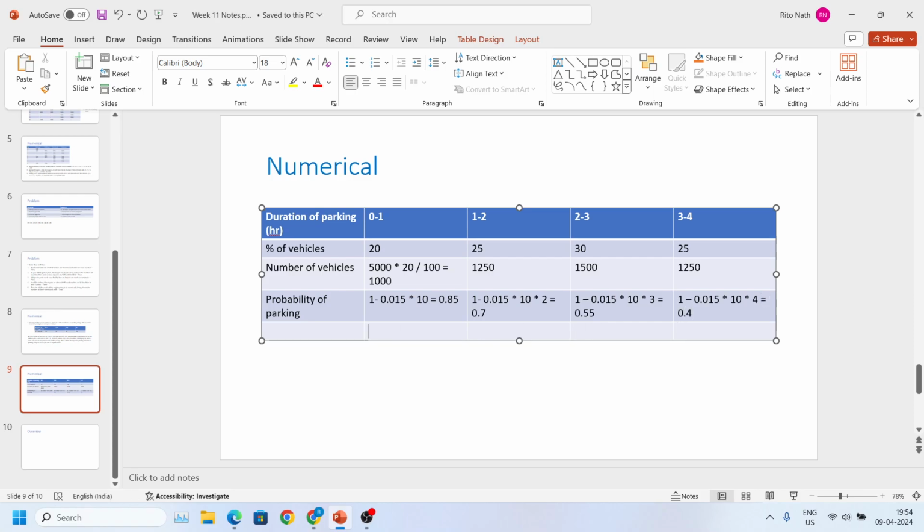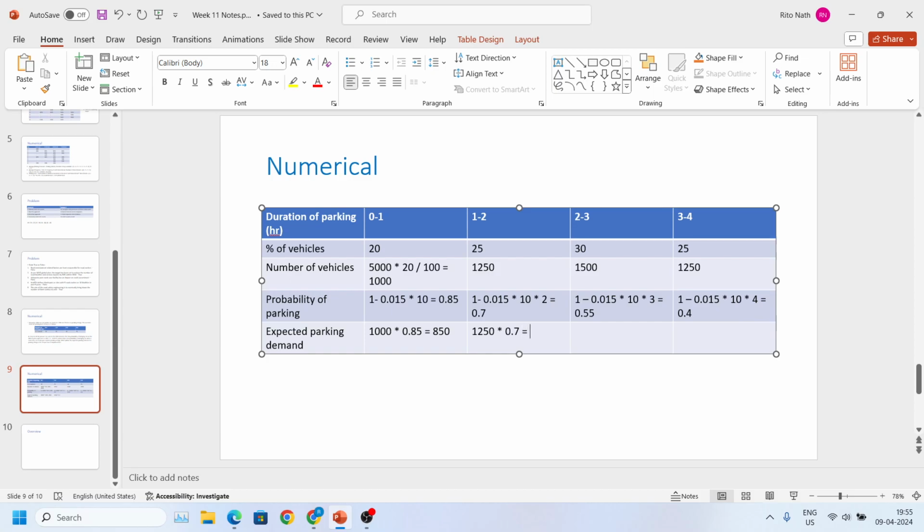And then you will have the expected parking demand. Here you had 1,000 vehicles, out of which the probability of parking is 0.85. Multiply this and get 850. Here it's 1250 times 0.7, which comes out to be 875.